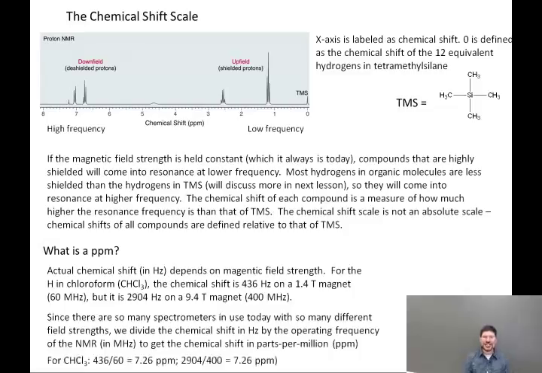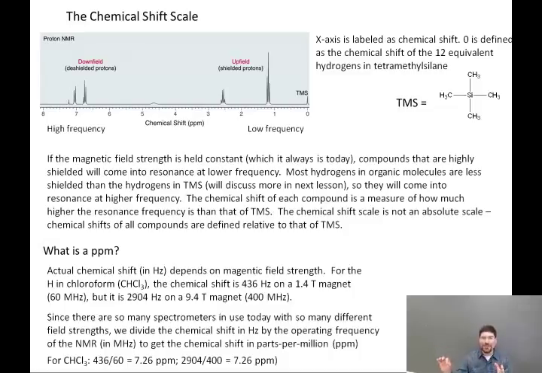Applying this to our example of chloroform, if you take 436 hertz over 60 megahertz, you get 7.26 ppm. And if you take 2,904 hertz divided by 400 megahertz, you also get 7.26 ppm. The important result here is that the chemical shift of a peak will look the same regardless of the field strength.